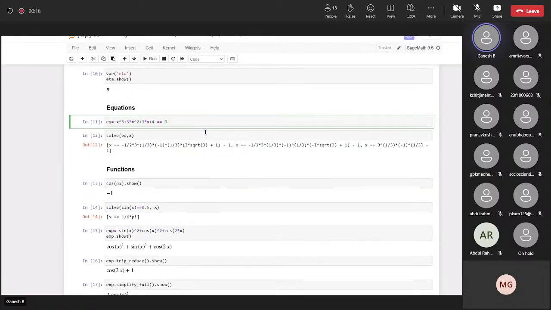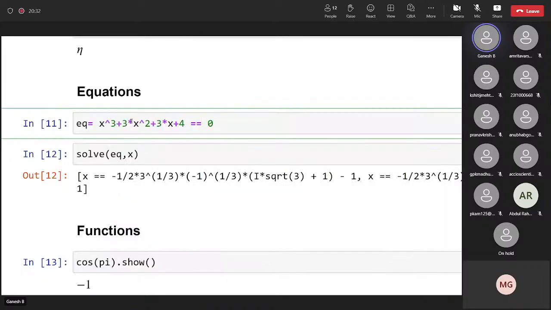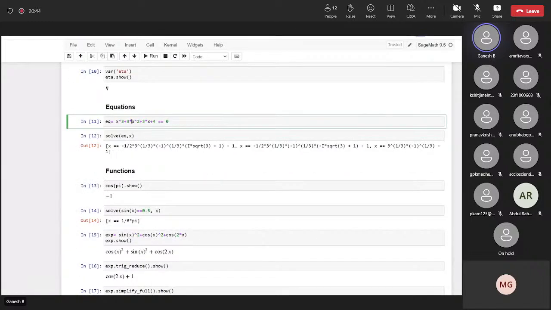You already know that a single equals is the assignment operator in Python, so it just assigns whatever is on the RHS to the LHS. You don't want to use a single equals in your equations; you will have to use double equals. So this is your x cube plus 3x square plus 3x plus 4 equals 0. That's how you input this equation to a variable. Don't use single equals, because that will be the assignment operator.